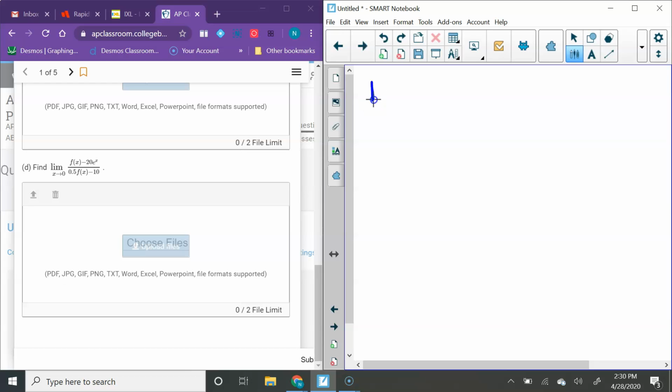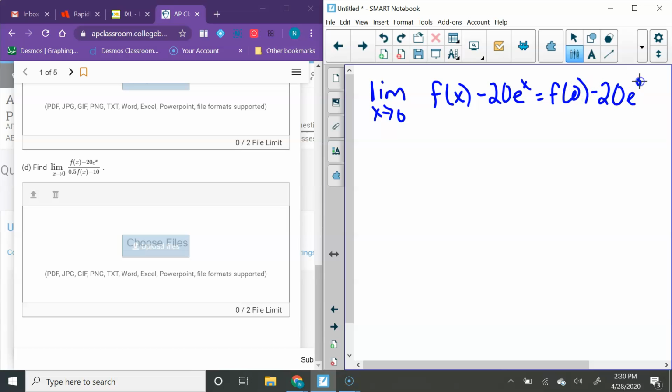So we have to first say that the limit as x approaches 0 of the numerator, so f of x minus 20e to the x equals 0. And that would be f of 0 minus 20e to the 0. And f of 0, they told us in the beginning of the problem, was 20. And e to the 0 is just 1, so this is 20 minus 20, which equals 0. So the numerator does equal 0 whenever you plug in 0.